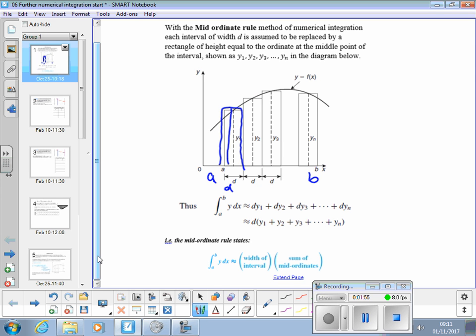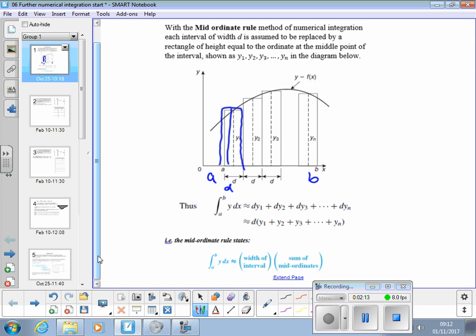However, determining the mid-ordinates is a little bit more time-consuming than the actual ordinates themselves, only in that you need to find the value of the midpoints of the intervals. They might be easy, they might be difficult.